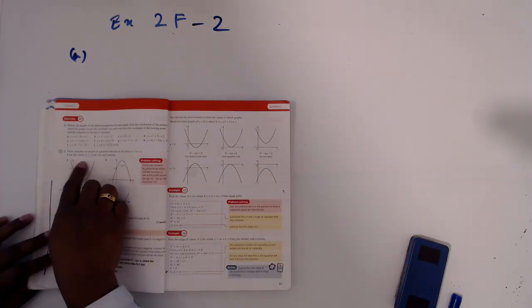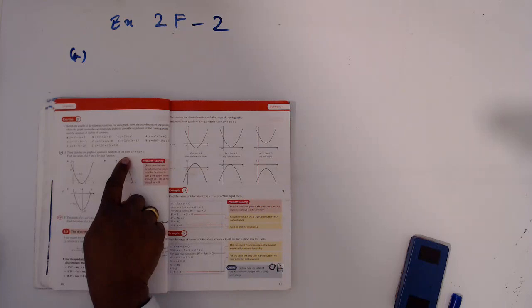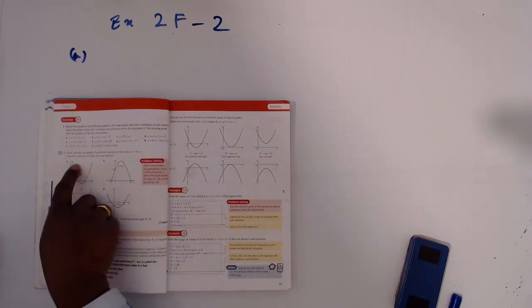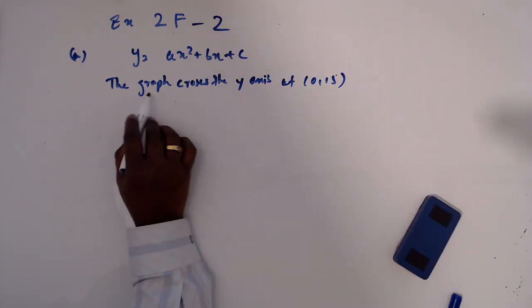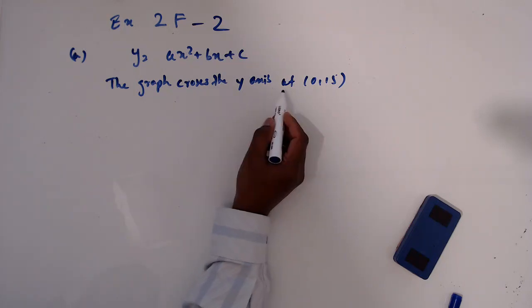Question 2. Sketch the graph of the quadratic functions of the form ax square plus bx plus c. Now find the value of a, b, c for each function. In this one, the graph crosses the y-axis.